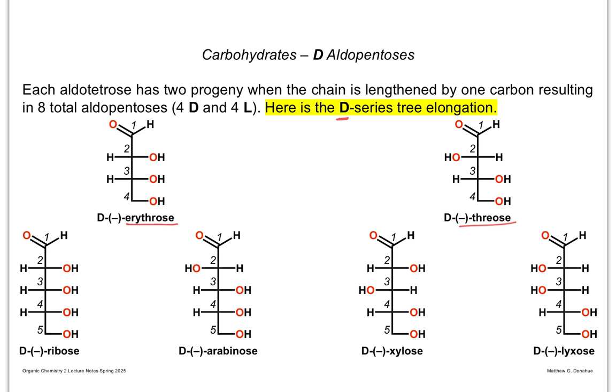So basically, take these 4, draw their enantiomers, and those are the L sugars. So threose, again, now the penultimate carbon is carbon 3. So again, that groups to the right, so that's the D sugar.